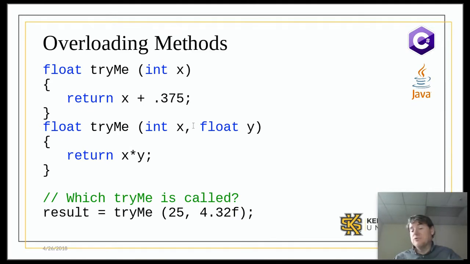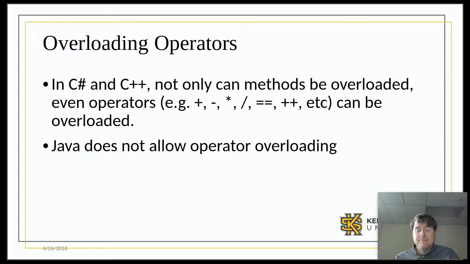Maybe you want the floats to be rounded in some way, or you only want a certain amount of precision to come back. So in that case, you would define the same method as you have for the integers, but this time with floats as the input, and then they will behave slightly differently depending on what you pass them. So that's the idea of overloading methods.